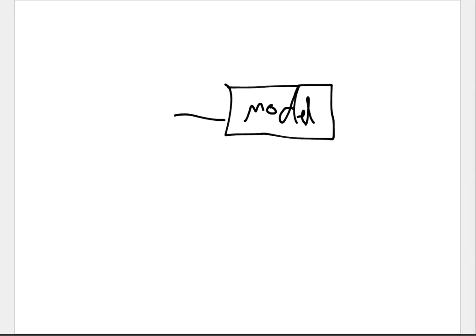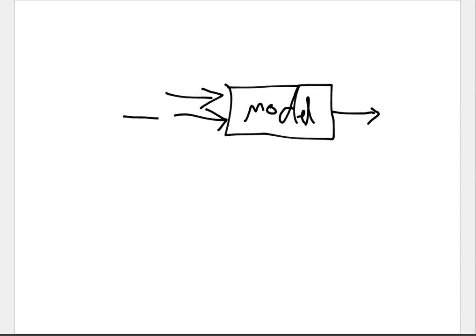Yes, it is an optimization. What is optimization? If you have a model, and this model has some inputs and some outputs. If you know the input and the model, but you don't know the output, it is a simulation.